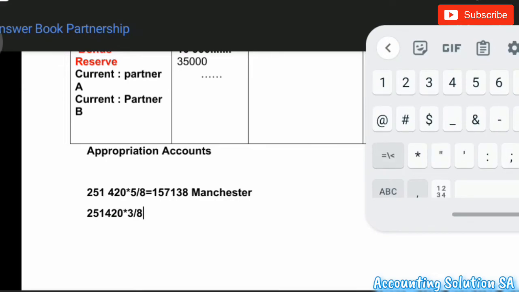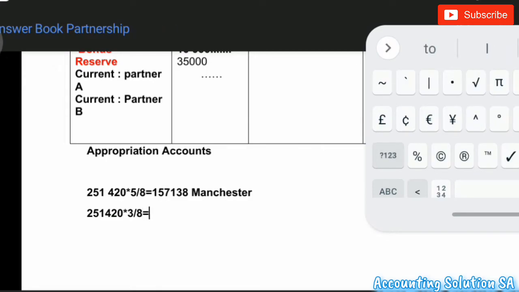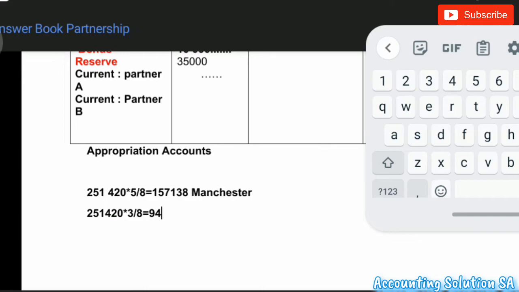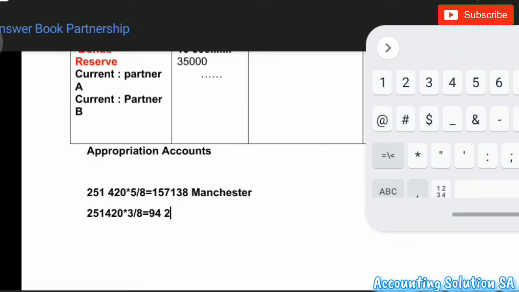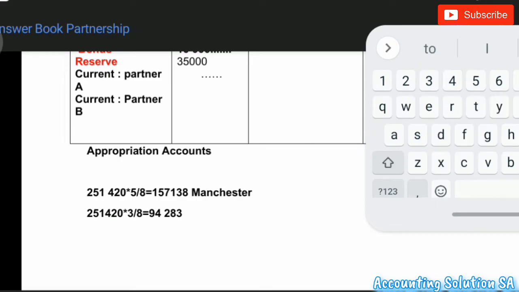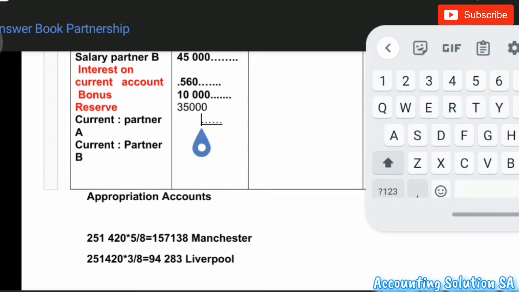Okay, then it's going to give us an amount of 94,283 for Liverpool.